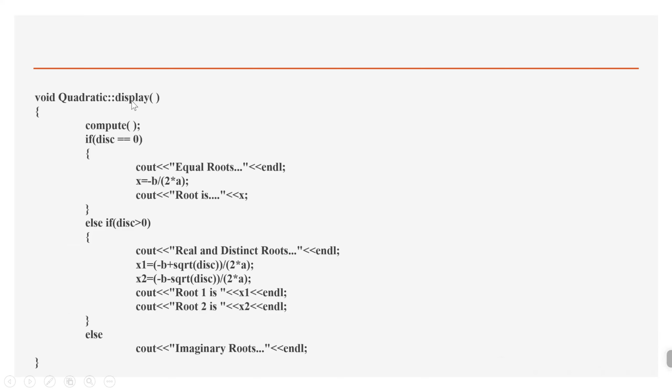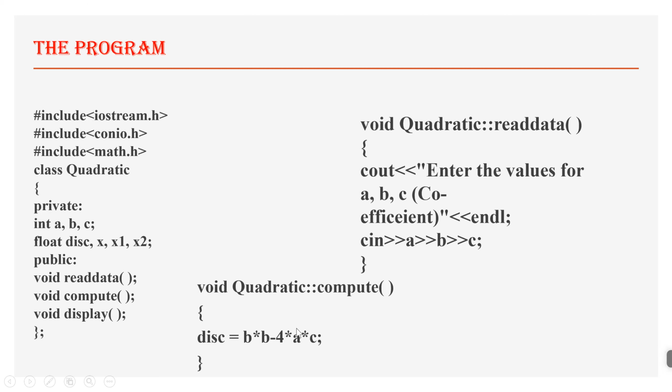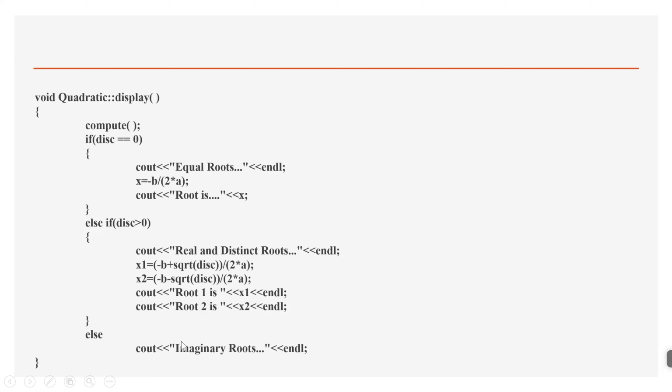Here I am actually doing the calculations under the display function. So I will use the compute function, which finds out my discriminant. Then after that my if condition works out here.